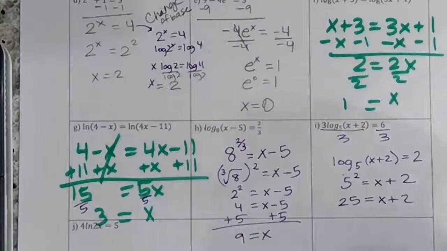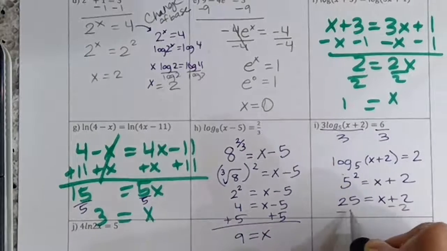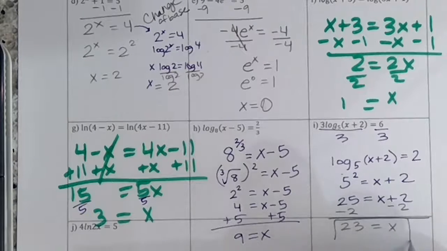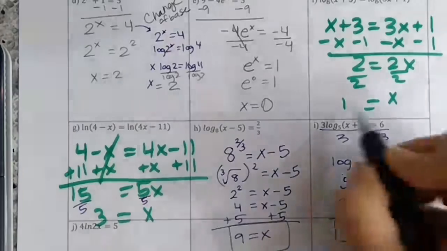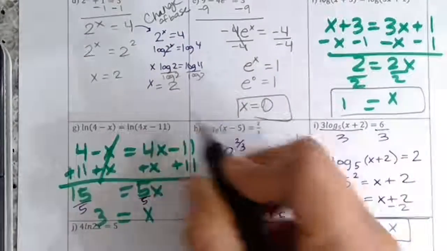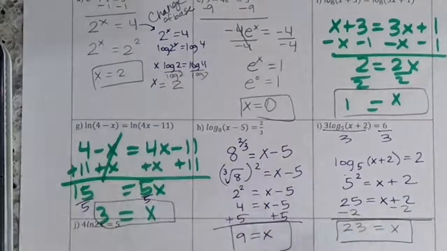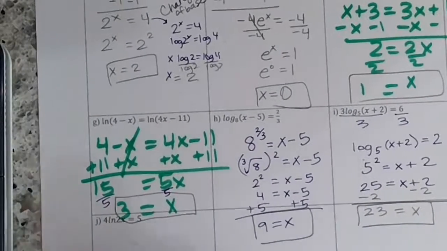So x is equal to 23. All right, next one that you can't see.